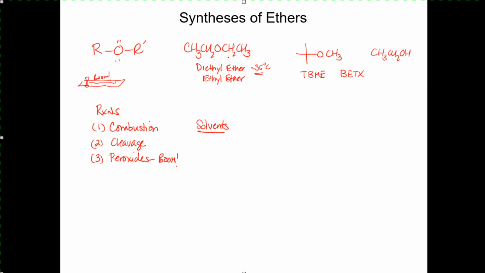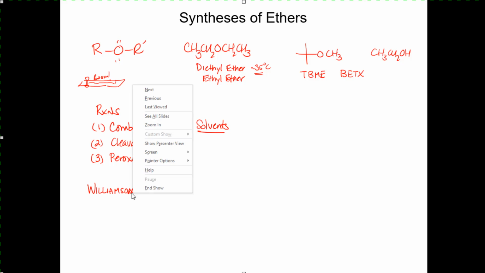So in terms of syntheses of ethers, how can we do that? Let's talk about the traditional way to make ethers. The traditional way is to use what's called the Williamson ether synthesis.